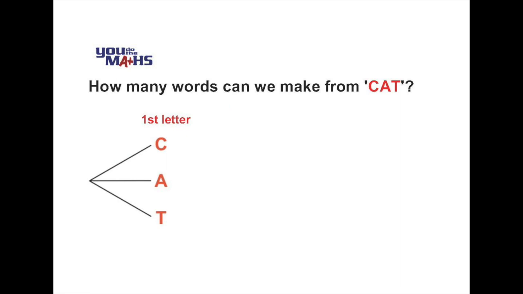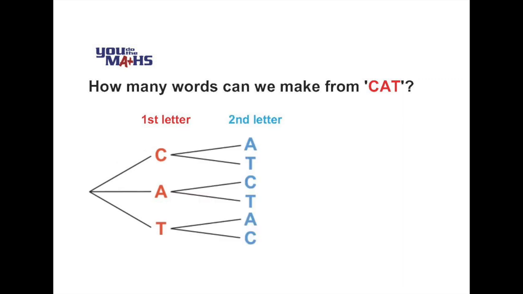So the way we use a tree diagram is we consider one letter at a time and we use branches to indicate the possibilities. So for the first letter there are 3 possibilities as before, C, A and T. Now for each one of those choices, for the second letter there are 2 options. So we put 2 branches out from each of our first choices. So for example, if we use C first, we could then use an A or a T for the second letter.